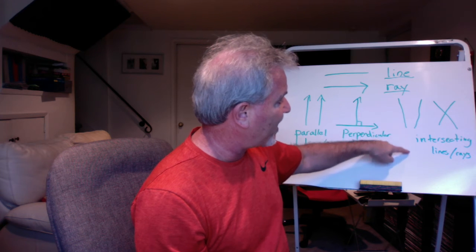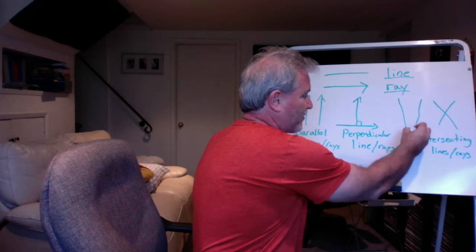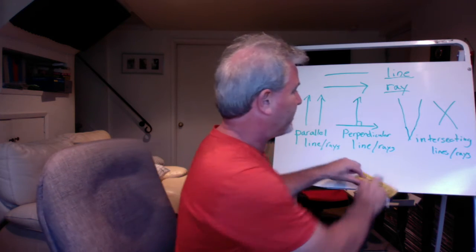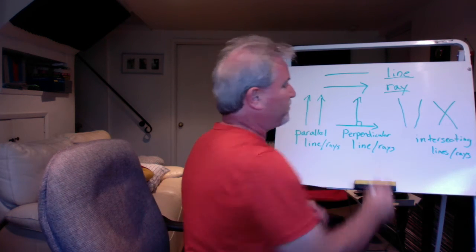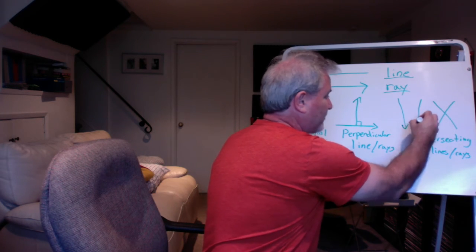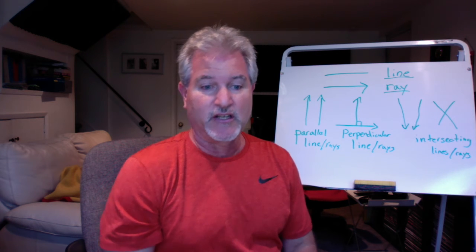You can see if I stretch the lines out, if I continued them on their path, eventually they are going to intersect. So either of these would be considered intersecting lines. And of course, if I put the arrows on them, then that would be described as intersecting rays.